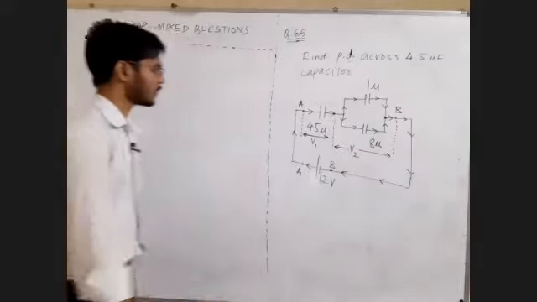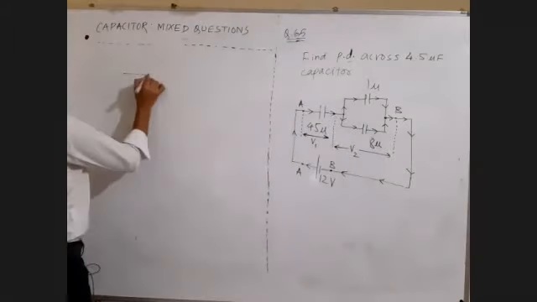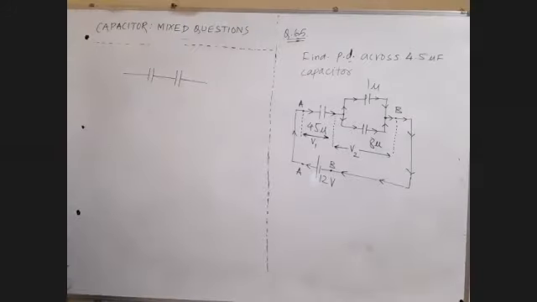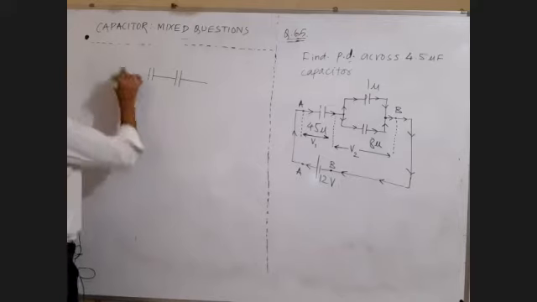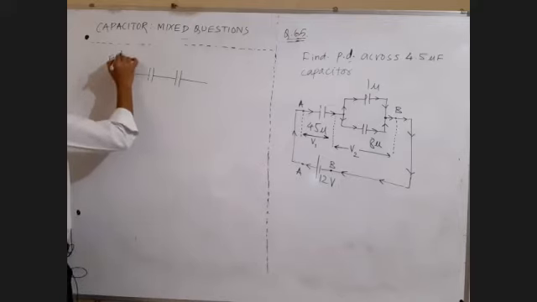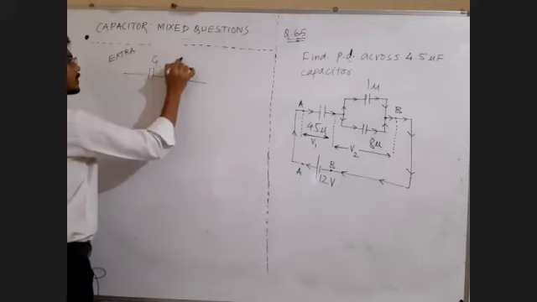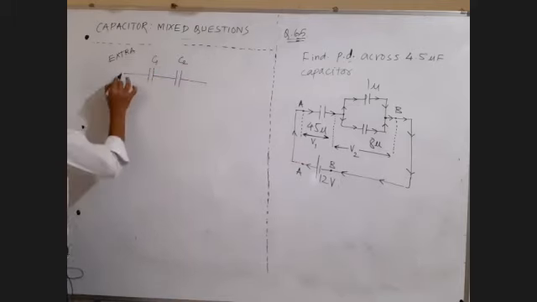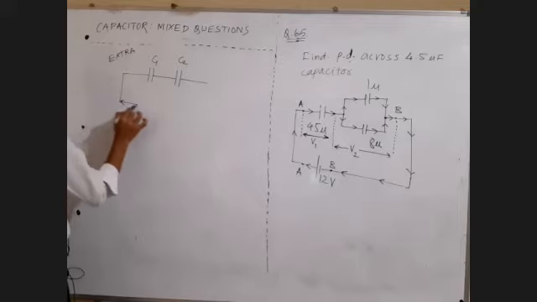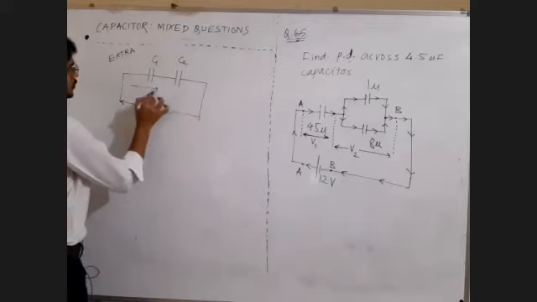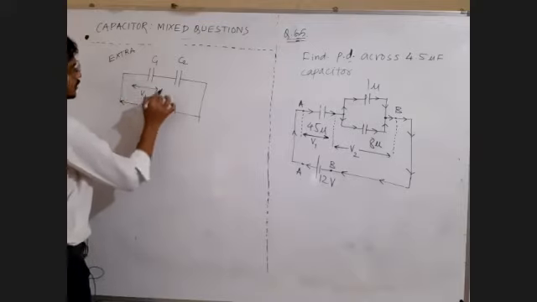Let's see, what if I made it like this? Suppose I have a first capacitor C1 and a second capacitor C2, and the total potential across the combination is V volt. This is V1, this is V2.